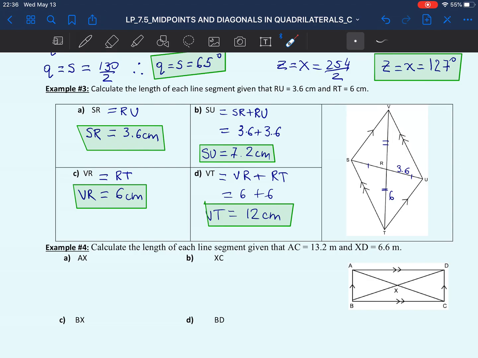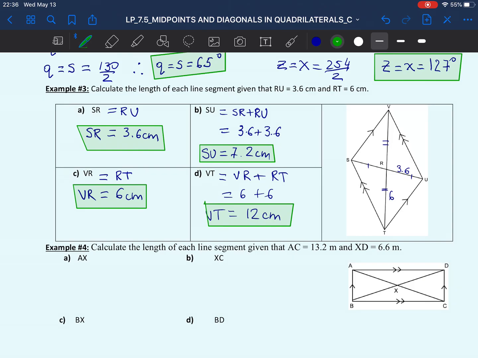So that makes this quadrilateral a parallelogram. What we need to find here are the lengths AX and XC, and then BX and BD.